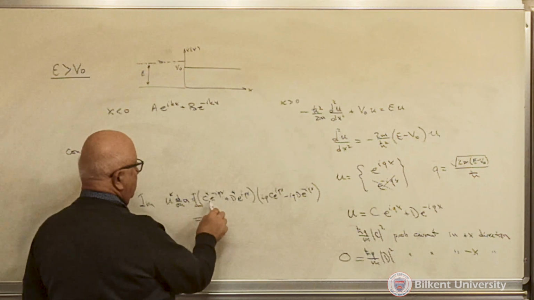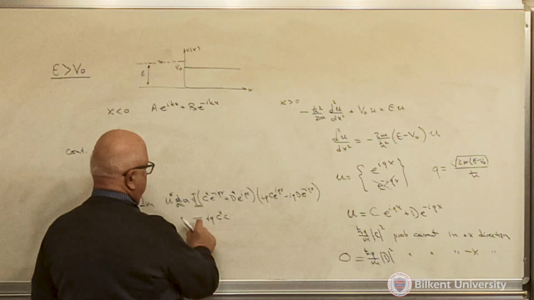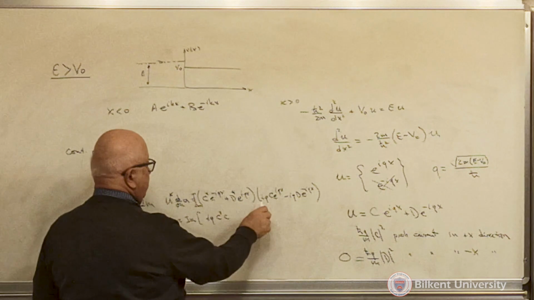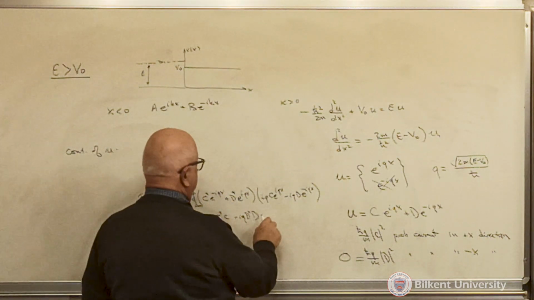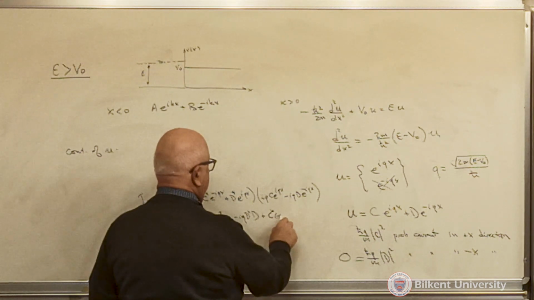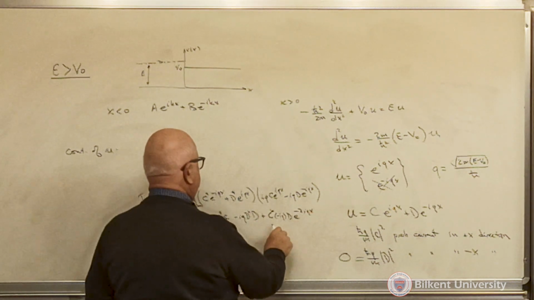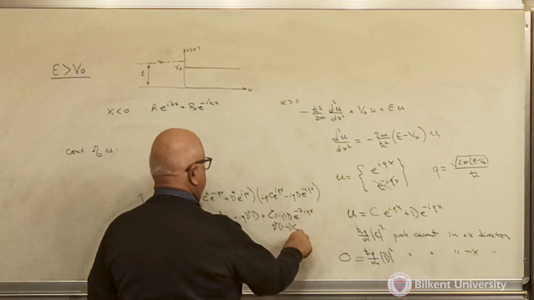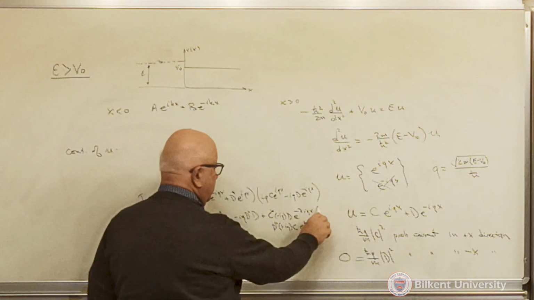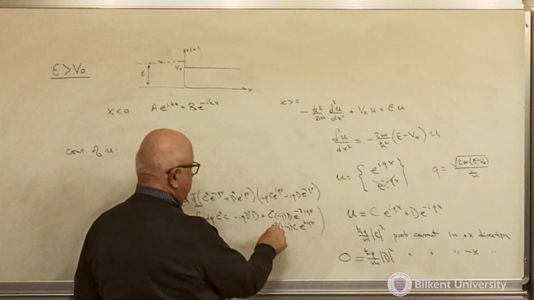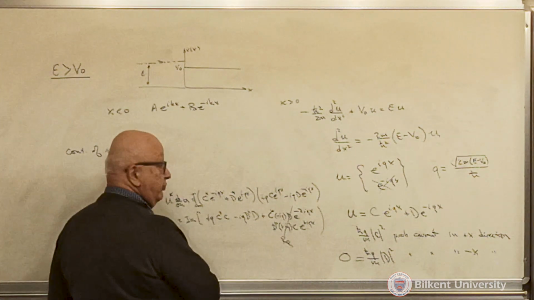So when you look at these terms, you are going to get iq times C star C, the imaginary part is still there, and then minus iq D star D. And then if you look at the cross terms, plus C star times minus iq D e to the minus 2iqx, and the other one, which is D star times plus iq C e to the plus 2iqx. Now this term is the complex conjugate of the other, so this whole thing is real and doesn't survive the imaginary part.